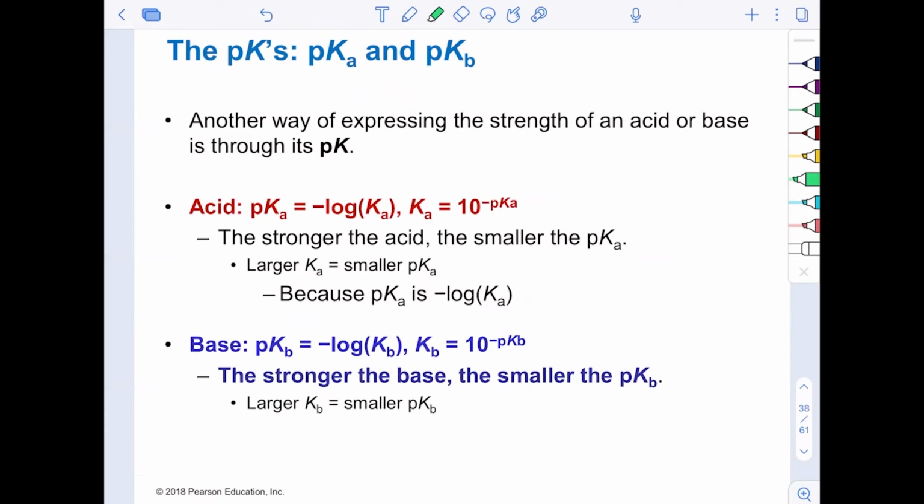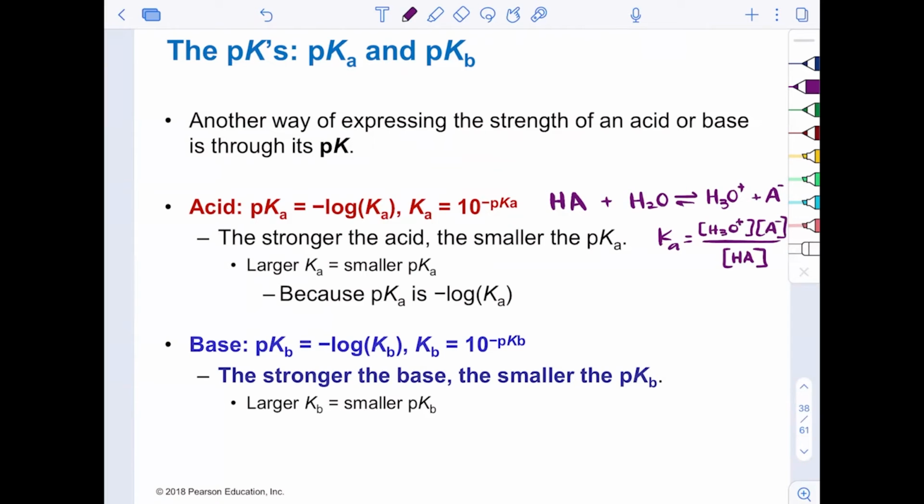So the Ka, the acid equilibrium constant, remember when we talked about an acid mixing with water to form hydronium and a conjugate base, that Ka, hydronium times conjugate base divided by acid, can also be rearranged to have the negative log so that it again is a more manageable number.